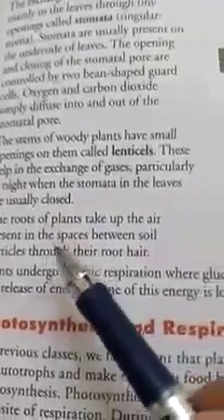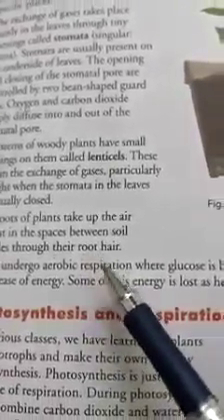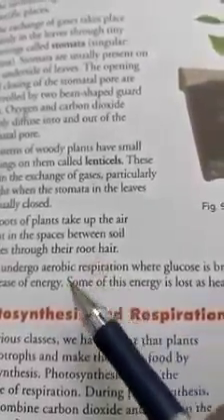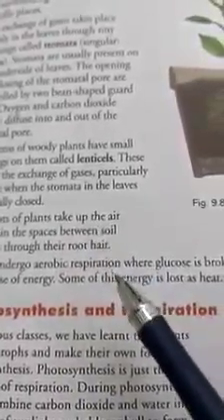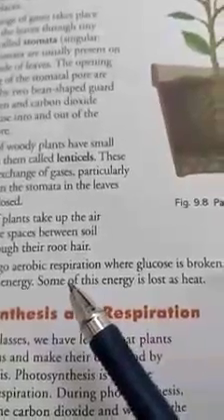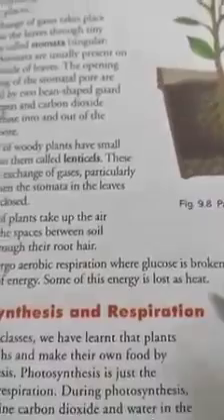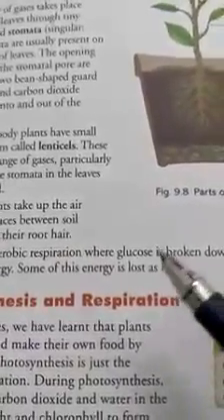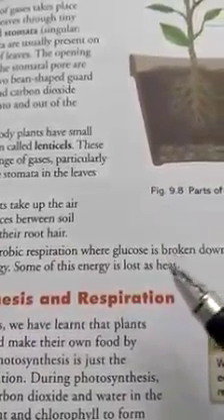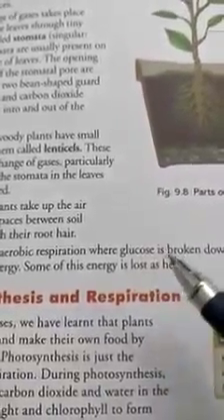Now, dear students, the root of a plant also breathes with the help of root hairs. Farmers turn the soil and loosen it so that the roots can easily penetrate deep and take in the oxygen present in the soil particles by the process of diffusion.